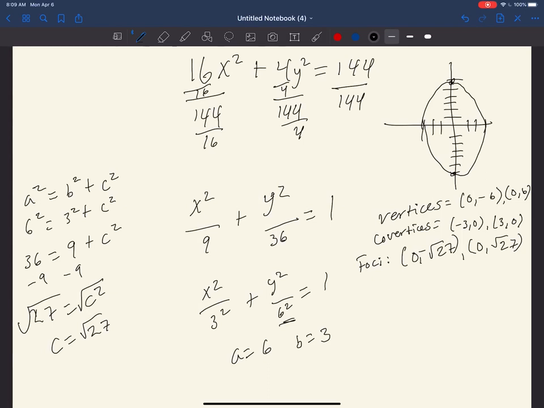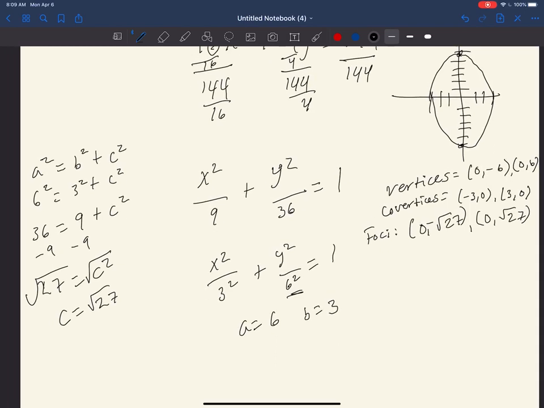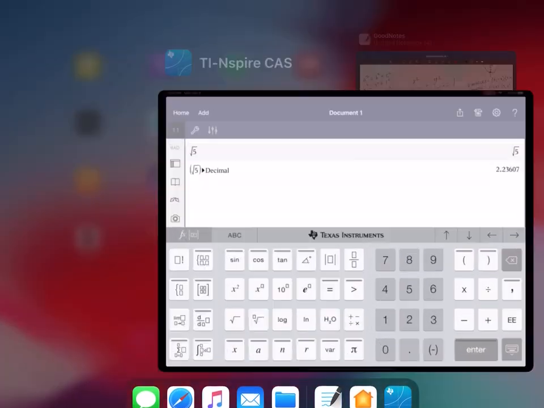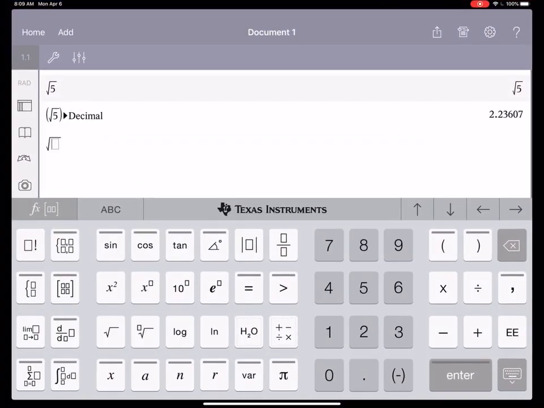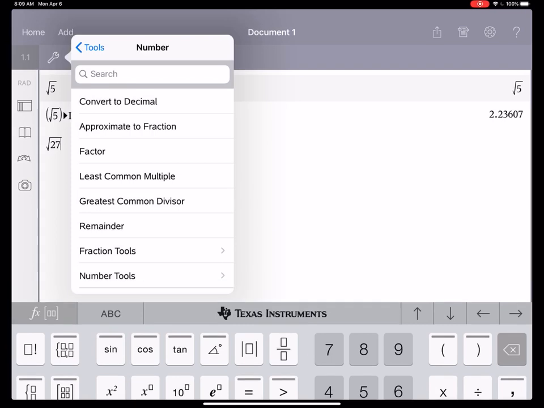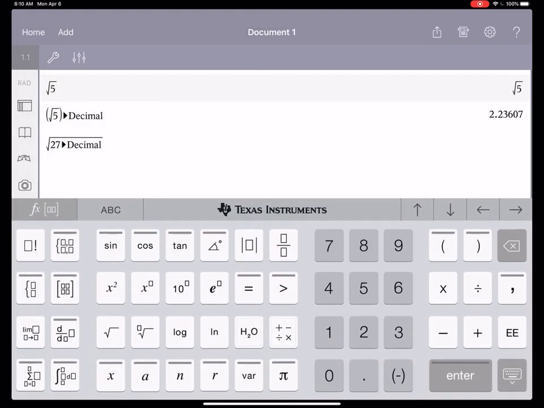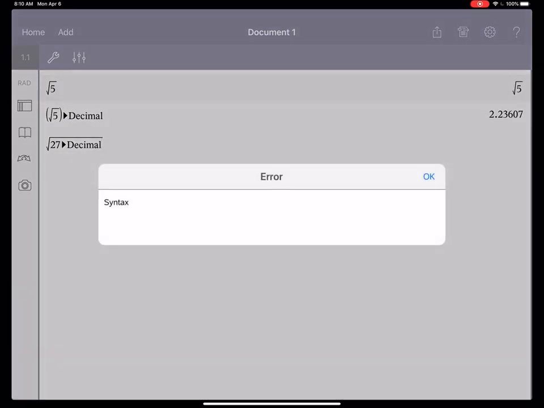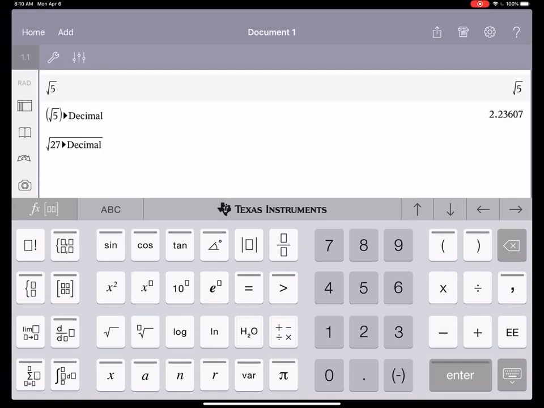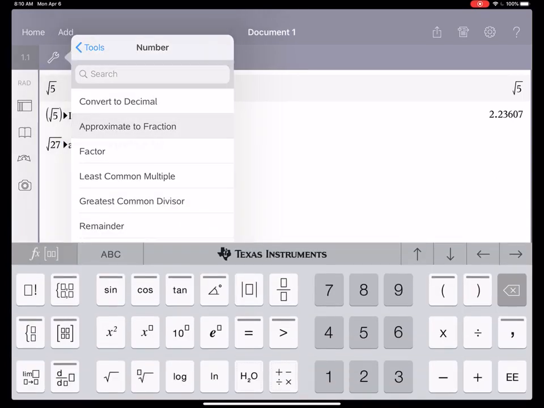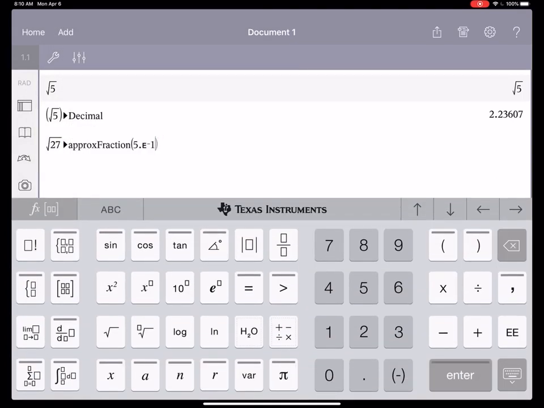If we want to do the square root of 27 as a decimal, square root of 27, menu, approximate to decimal. Sorry.